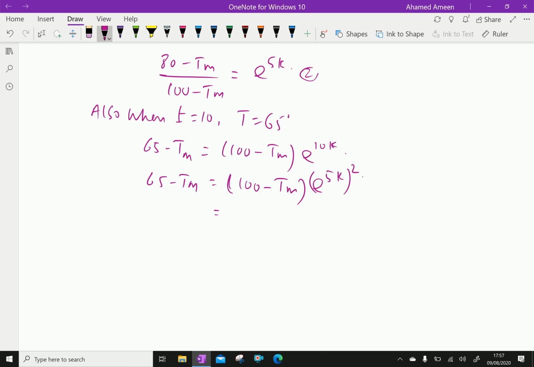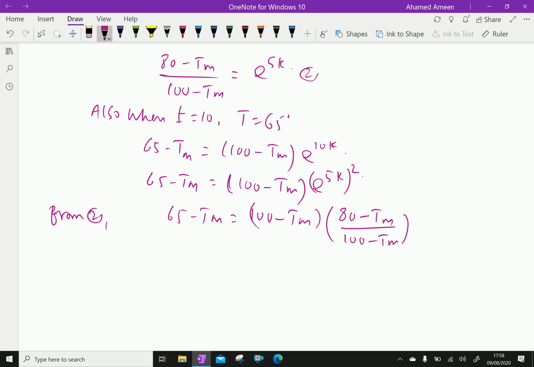From 2, e power 5k is 80 minus Tm over 100 minus Tm.